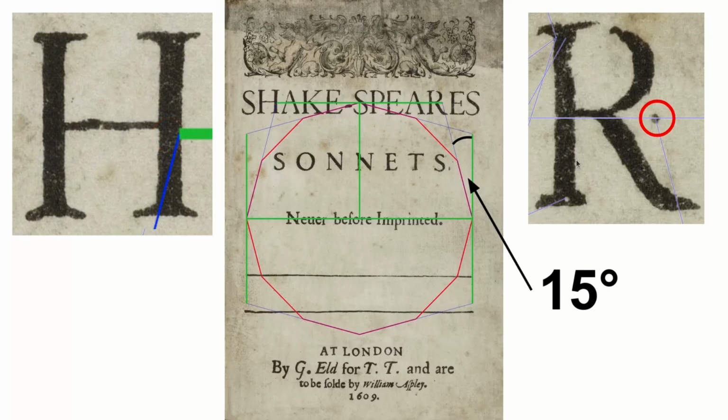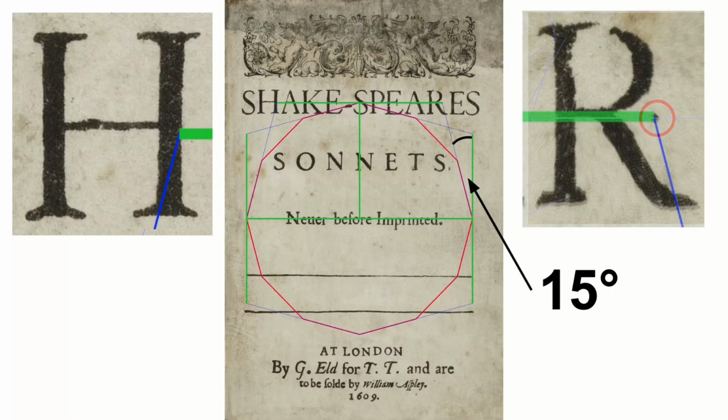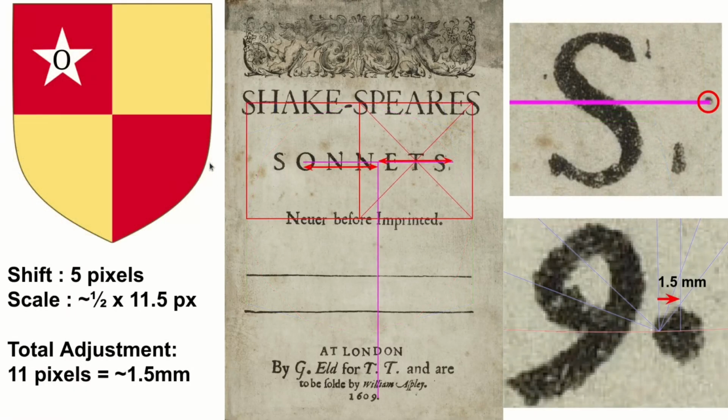And indeed, so is the H. On the other side, and indeed the tau cross again is now absolutely perfect on that dot.